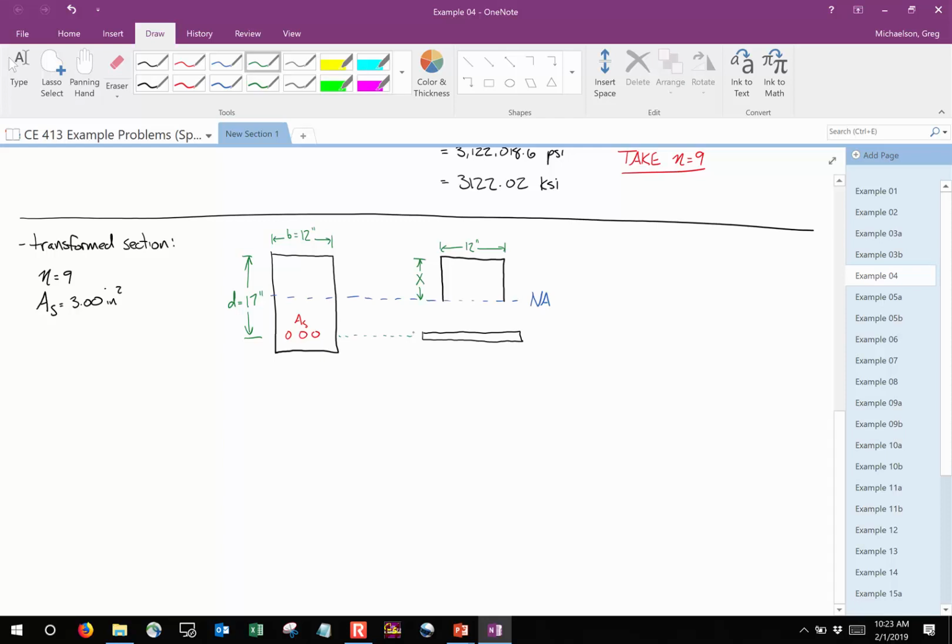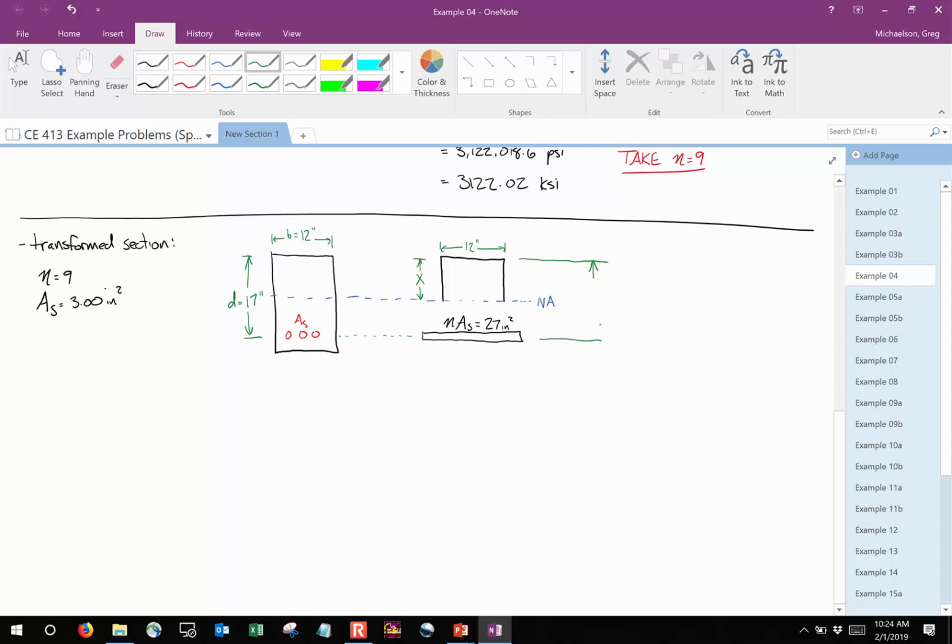Now, if the area of this is 3, the area of this effective lump of concrete is NAS. So what is NAS? That's going to be 27. Is that a fair point? Okay. Now let me move this out a bit. Now remind me again, how far is it from here to here?